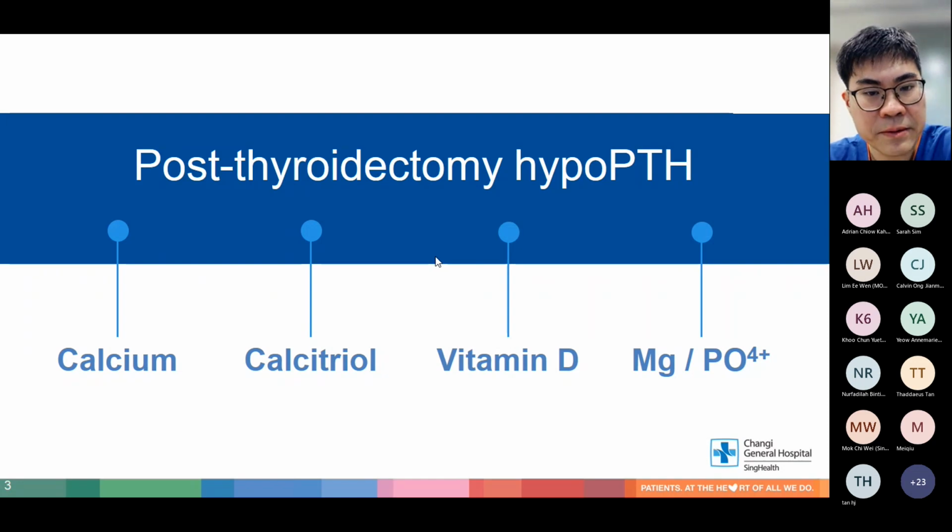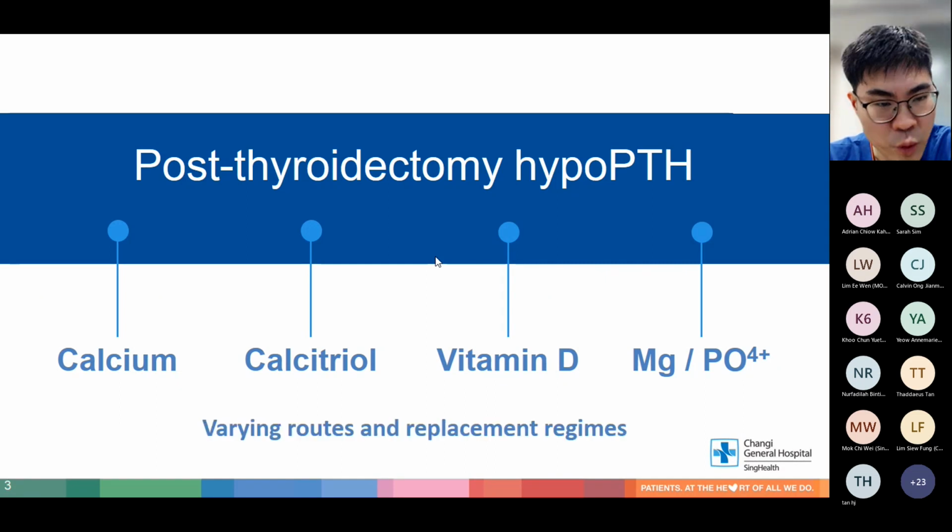Conversely, PTH is needed for the excretion of phosphate, so if patients develop hypoparathyroidism post-op, they may then develop hyperphosphatemia. These are some of the many different factors that we take into account when we decide on the management of hypoparathyroidism post-op.